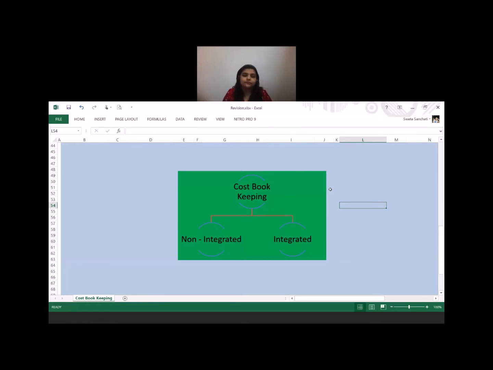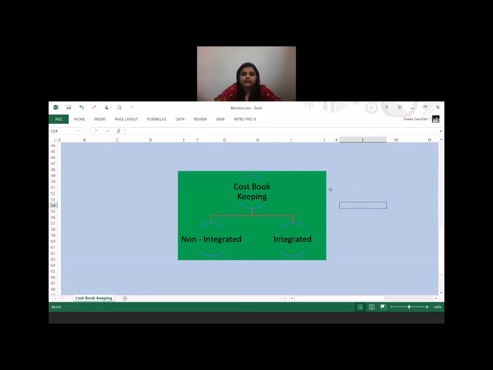For example, let us say that you have paid to the creditor. Your entry will be creditor's account debit to bank or cash. Is creditor a cost item? No. Is bank or cash a cost item? No. So this whole entry will not be recorded in our cost books.